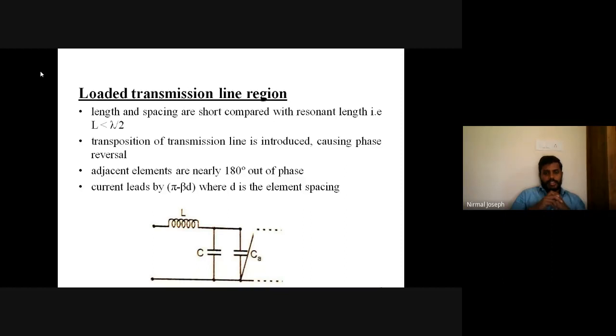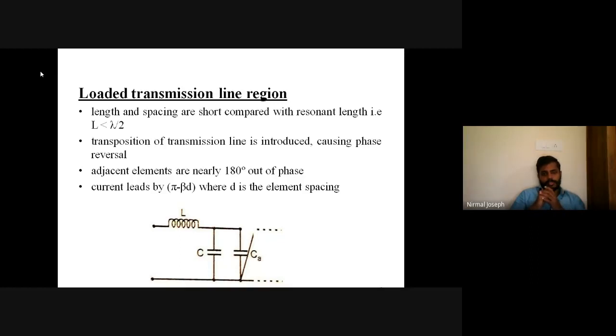And if you put this in pi minus beta d, you just put beta is equal to 2 pi by lambda and d is equal to lambda by 2. What you are going to get? Just substitute in this equation. It will be 0.